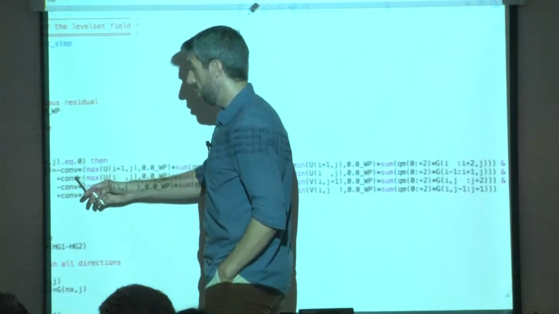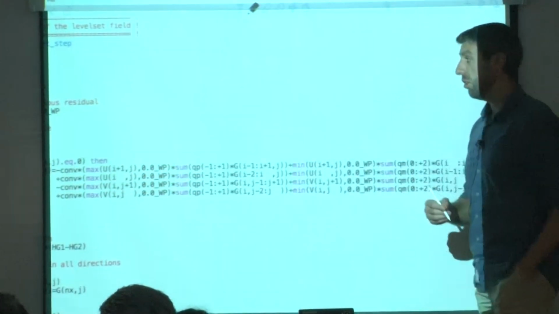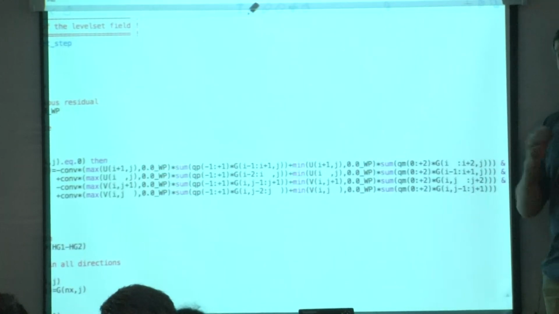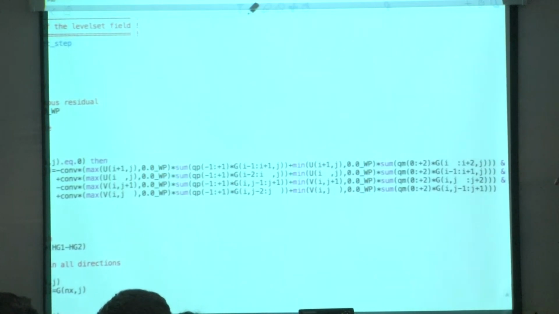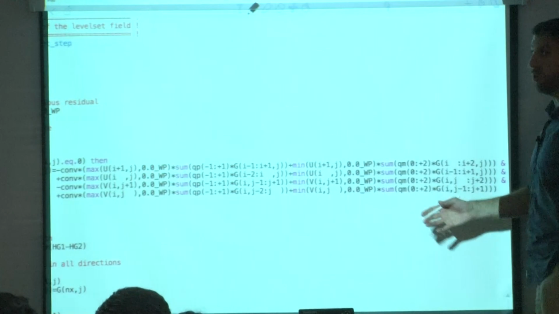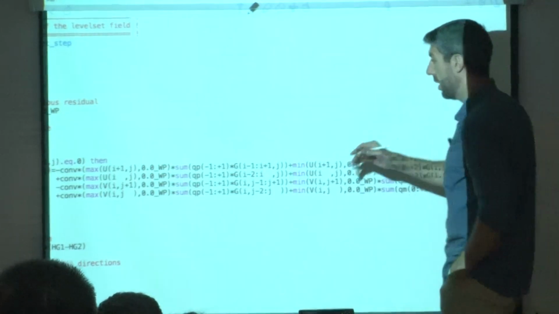The first 2, there's a minus and a plus. What they are is, the first one is for my face on the right. The second one is for my face on the left. Then this is my face at y plus above, and this is my face below. Okay, so I just go through each of my 4 faces. I could reduce the cost by increasing the storage, by computing the fluxes. Those fluxes are shared between cell faces, but it doesn't really matter.